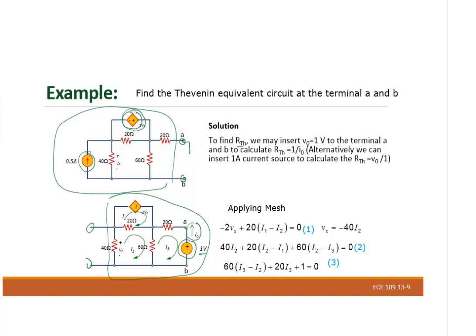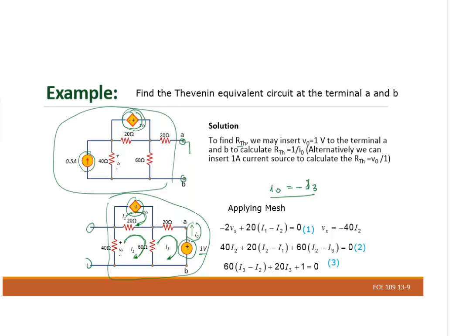For my I0, I have a three-mesh equation. I select mesh because of this voltage source right there between two non-reference nodes. So we know that I0 will be equal to negative I3 in the mesh.